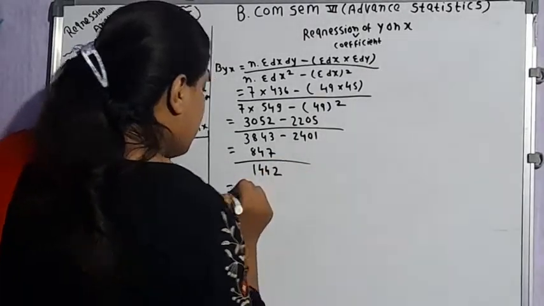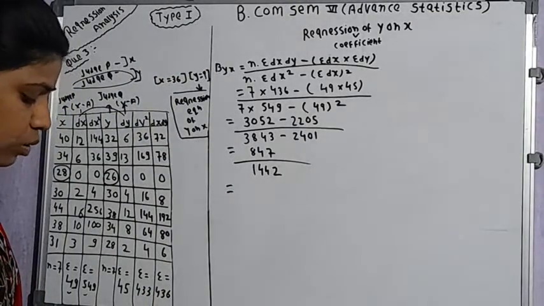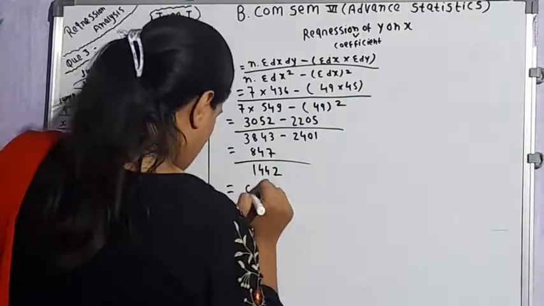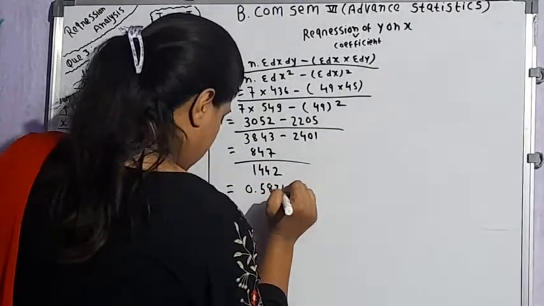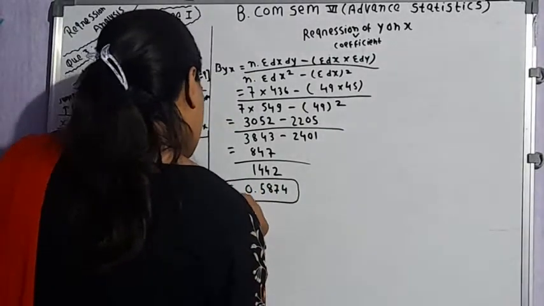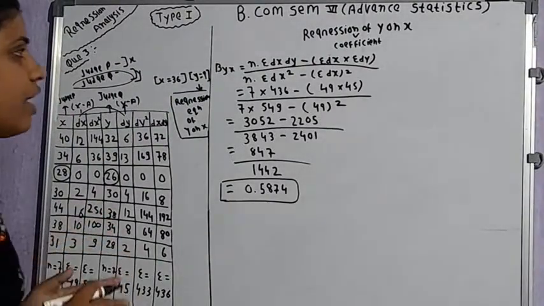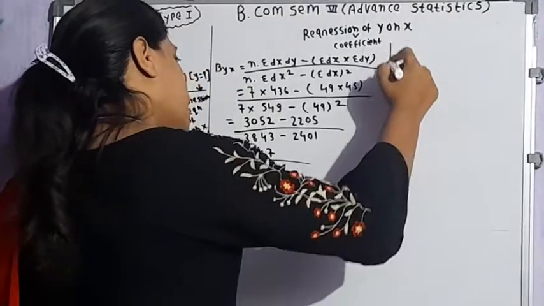Then 847 divided by 1442 comes to 0.5874. We are taking up to 4 digits after the decimal point. So here we have calculated the regression coefficient of y on x.